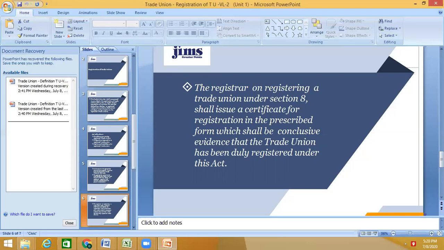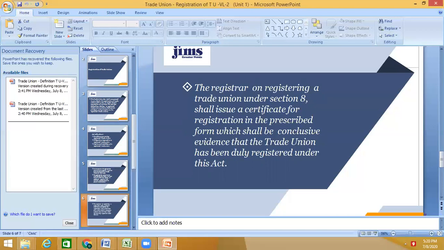So a trade union is entitled to registration only if its executive is constituted in accordance with the provisions of the act. If you want to go for the registration of a trade union, for the purpose you have to constitute an executive in accordance with the provisions of the act, and its rules provide for the following matters.